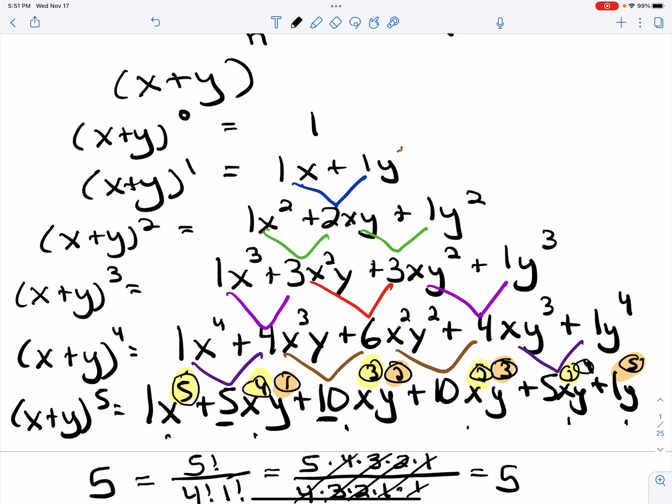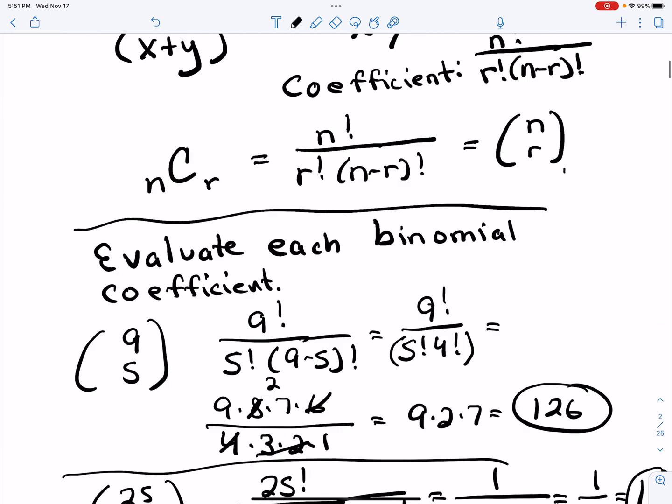So you basically got two of these binomial coefficients that come out the same. You've got 5 factorial over 4 factorial times (5 minus 4) factorial, and then you've got 5 factorial over 1 factorial times (5 minus 1) factorial. So it's kind of fun how these things come out the same.